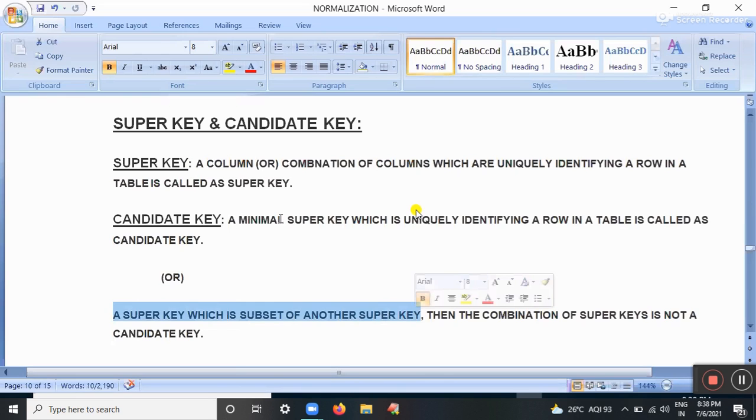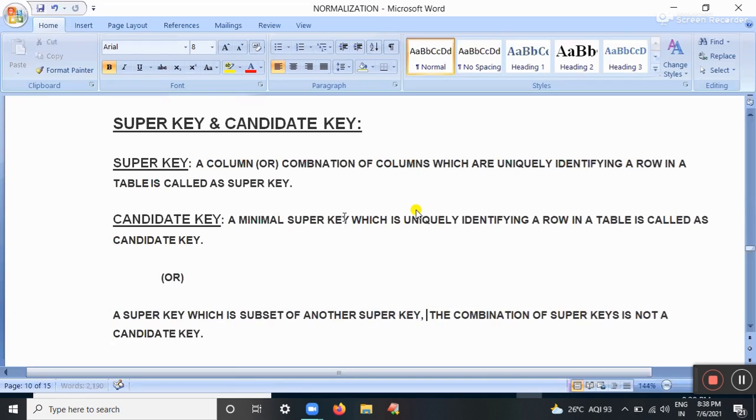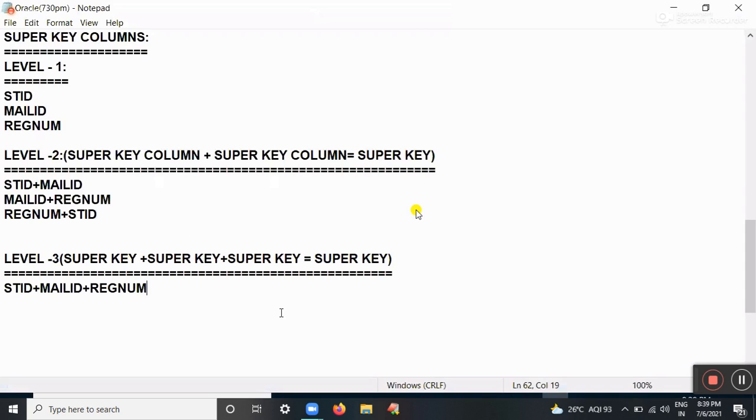Minimal means individually. So every individual super key column is called a candidate key. Simple. So what is our candidate key? Student ID is one candidate key, mail ID is one candidate key, registration number is a candidate key.